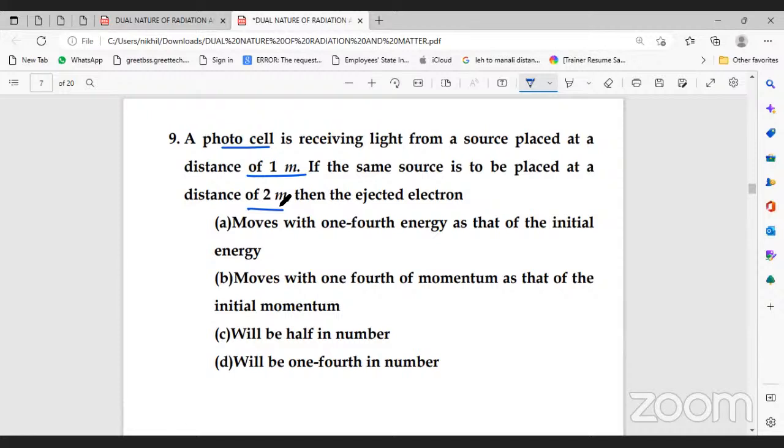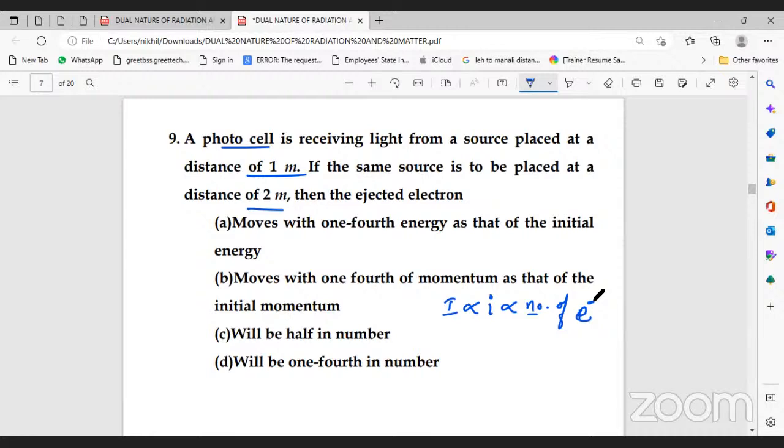You know one of the properties: intensity is directly proportional to the number of electrons. Intensity is directly proportional to the photoelectric current. Photoelectric current depends on the number of electrons. So please remember, if you increase the intensity more and more, the number of electrons will be more.